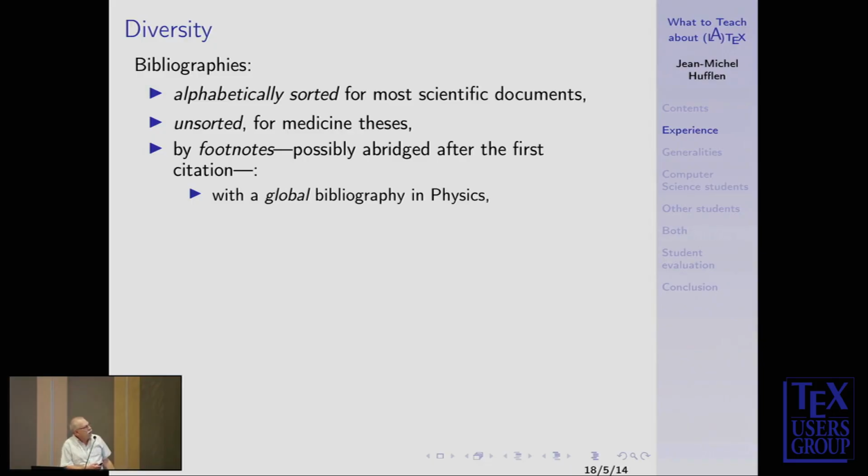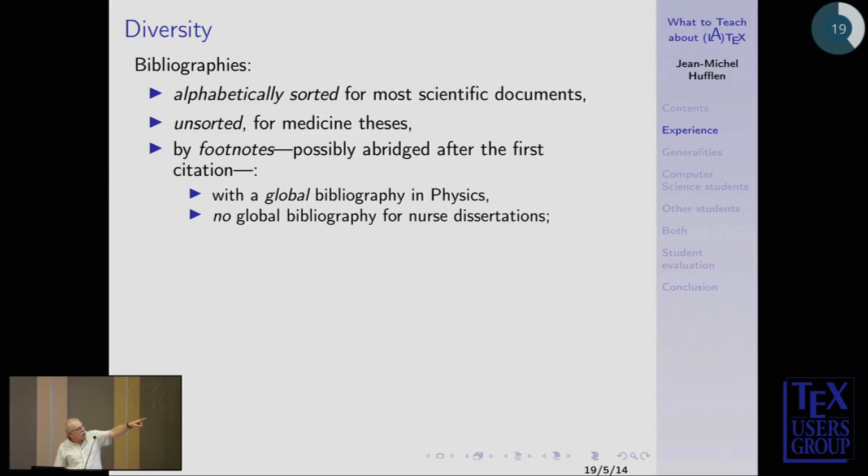If you are in physics, there are both footnotes and the global bibliography. If you consider nurse dissertation, no global bibliography, just footnotes on the fly. So that is for bibliography that is specific to a particular public.